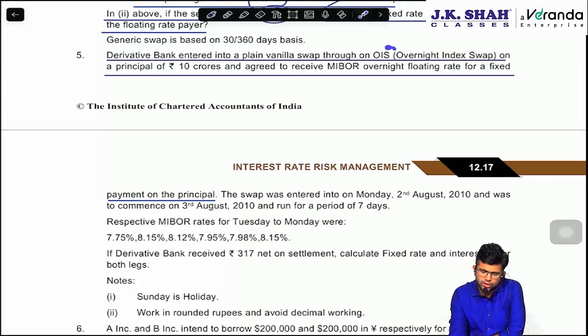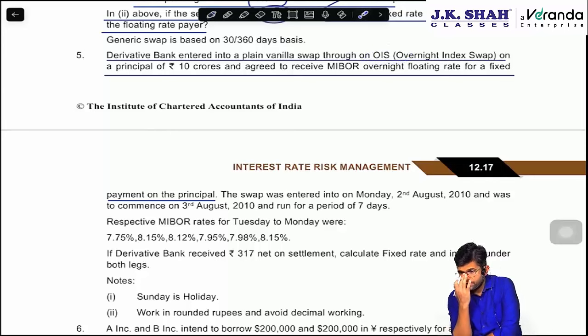Now the question is, what do you mean by overnight swap? Students, overnight index swap means, now in the questions that we did, you remember Microsoft and Intel? It was not overnight swap, it was 6-month swap, meaning after every 6 months, there was a reset period. I hope everybody is there.